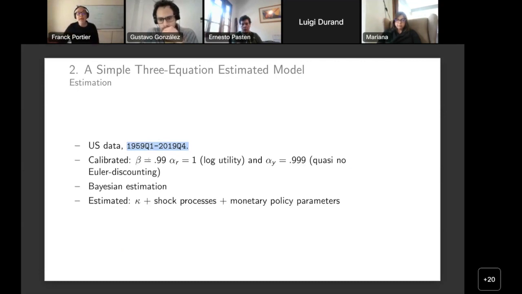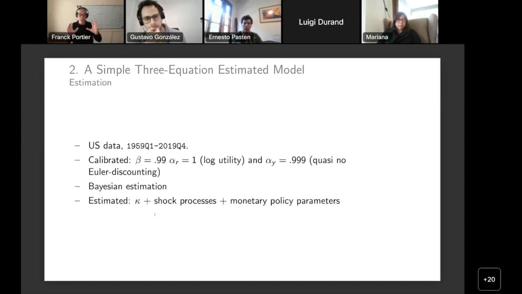Then let me calibrate the beta, the alpha, and the elasticity with respect to the interest rate. Let me put no Euler discounting, and do some Bayesian estimation. Basically what I'm estimating is the slope of the Phillips curve, the shock processes, and the monetary policy parameters, which is what we do most of the time because all those parameters are not well identified otherwise. So I do that, and let me show you the estimation of kappa.